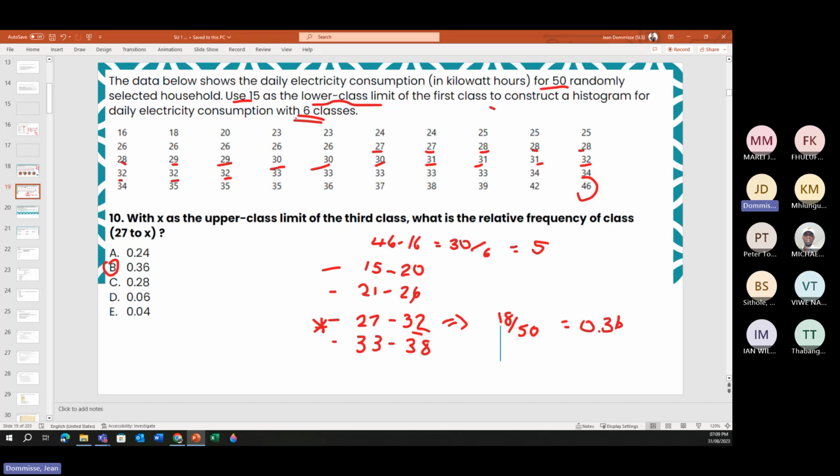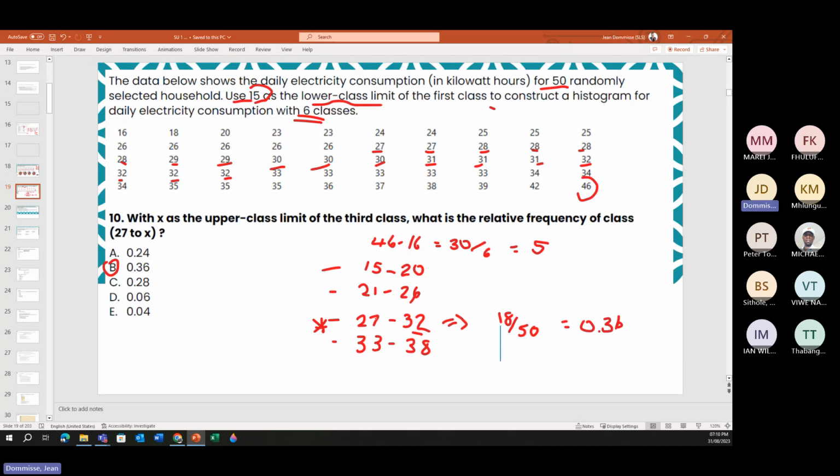They need to give it to you, so that we know between which numbers. They tell us the first one was 15. So 15 to 20, then the next one starts at 21 to 26.